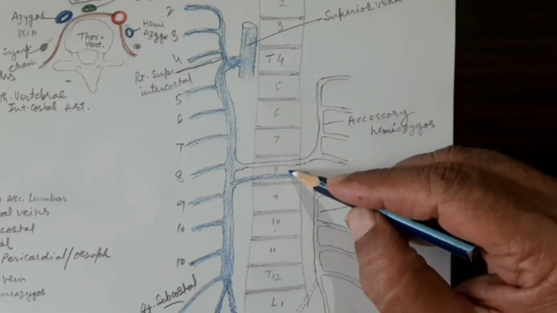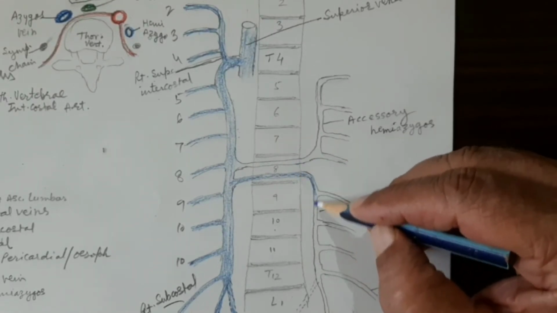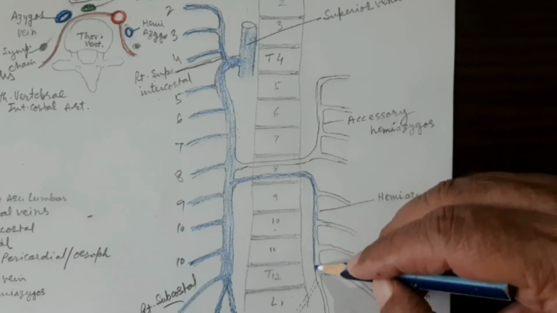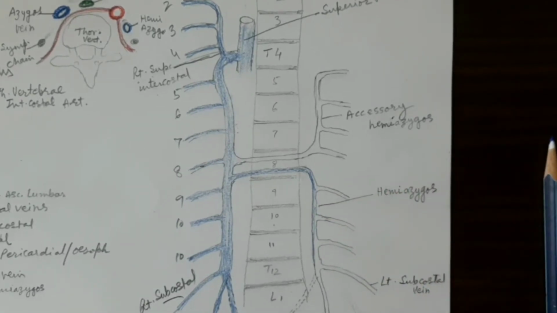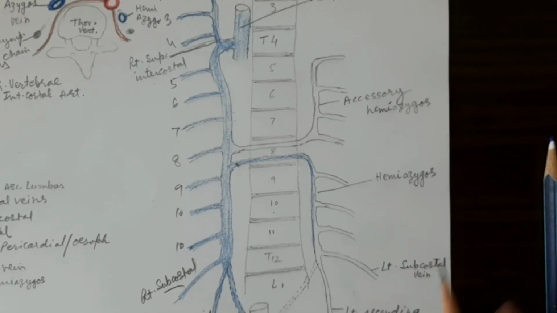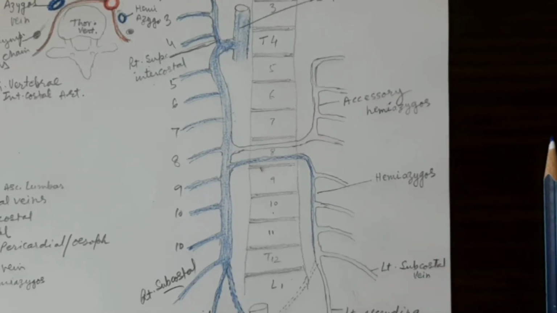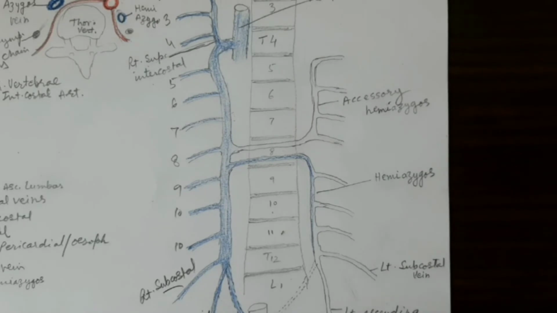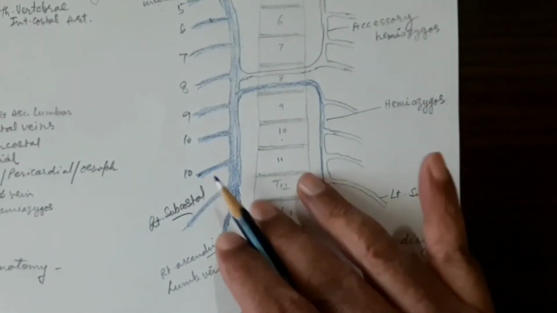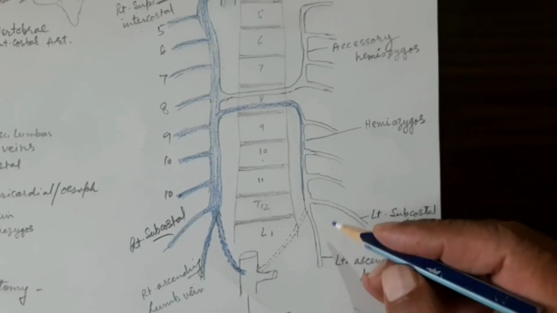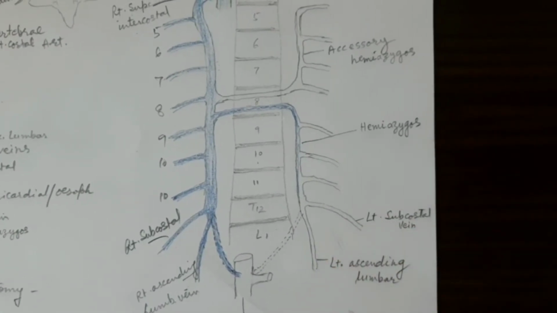See, this is the 8th thoracic vertebra, and this is the hemiazygos vein. How is it formed? It arises in a similar way to the azygos vein.